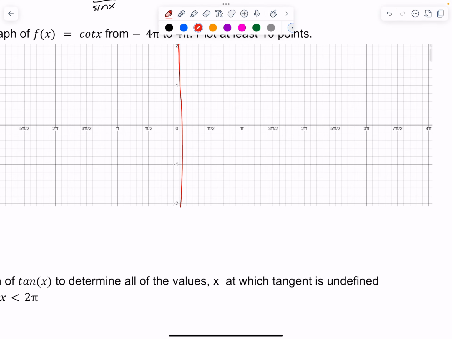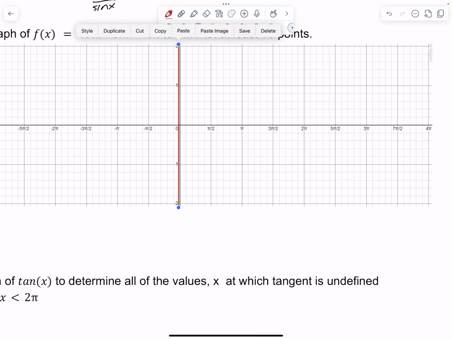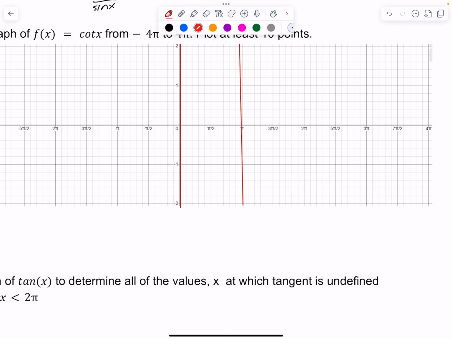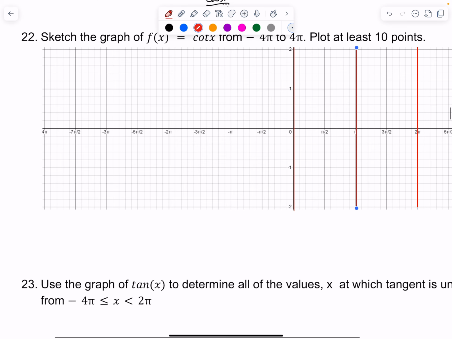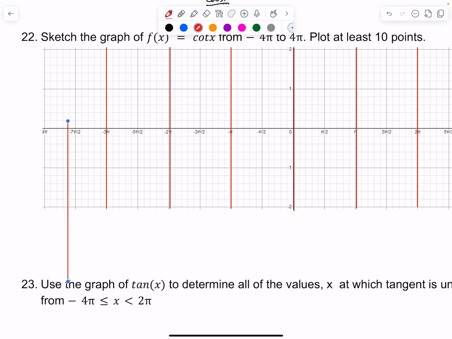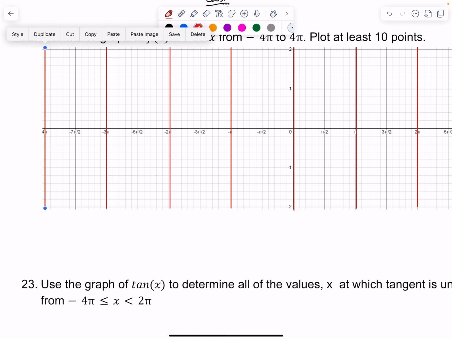So let's draw that. 0, and then we've got pi, and then 2 pi, and so on. Because it's got an asymptote wherever sine is 0. Sine is 0 at all these places. So that holds true of negative pi, negative 2 pi, negative 3 pi, and negative 4 pi.